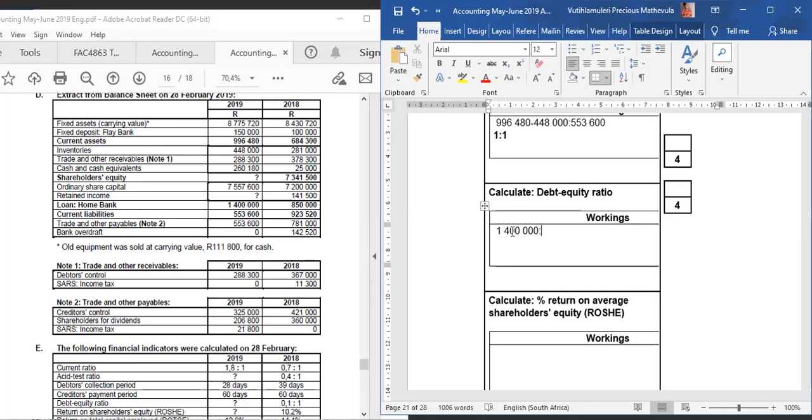There's nothing on equity here, which means we're supposed to calculate it. So you have to do the entire equation. Let me see if I can get it very fast.